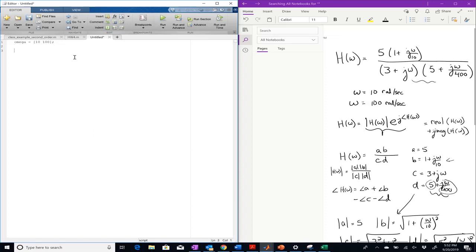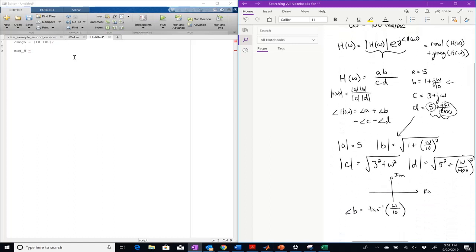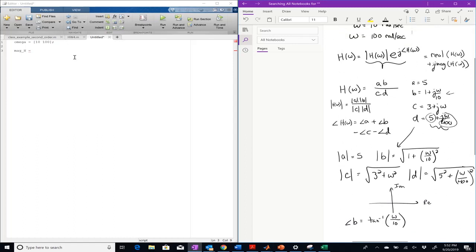And then I'm going to say that the magnitude of h is equal to, I'm going to plug in these expressions that I wrote down here. So I'm going to say it's equal to 5 times the square root.